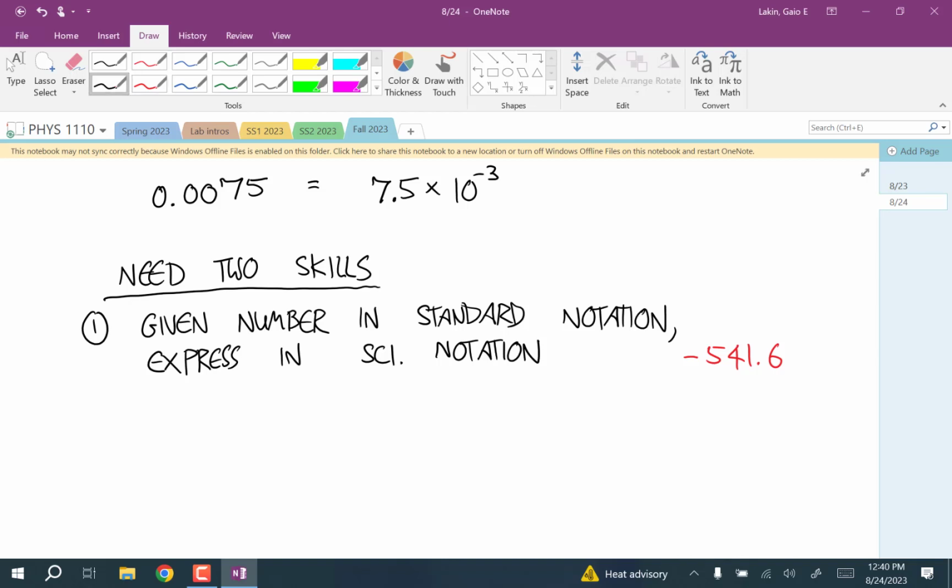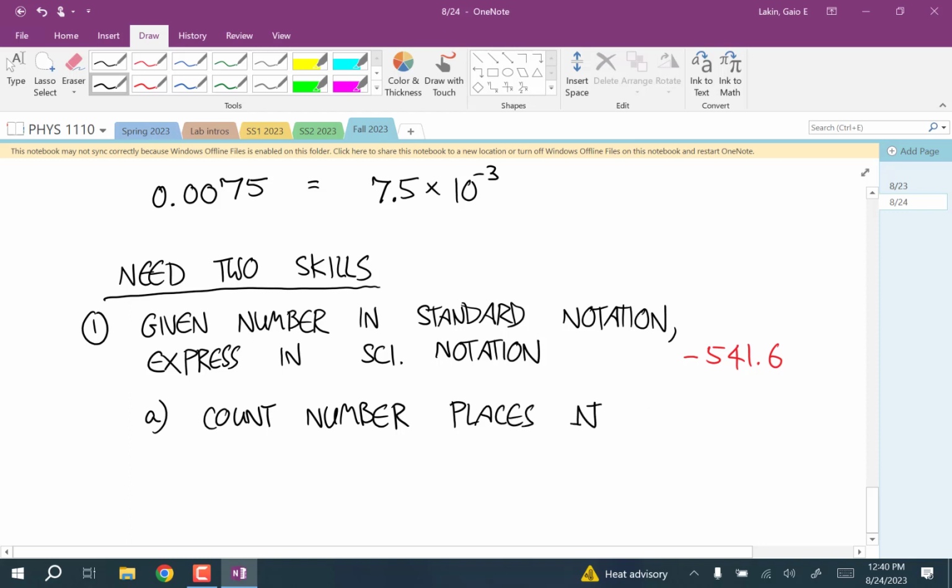The first step, A: count the number of places, we'll call that capital N, that you have to move the decimal point for 1 leading digit.